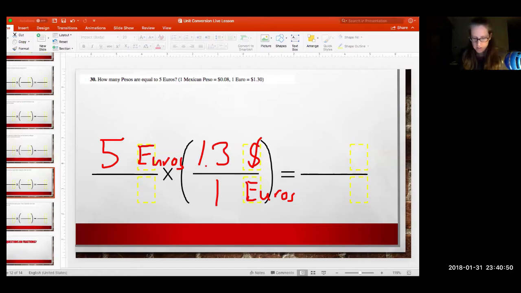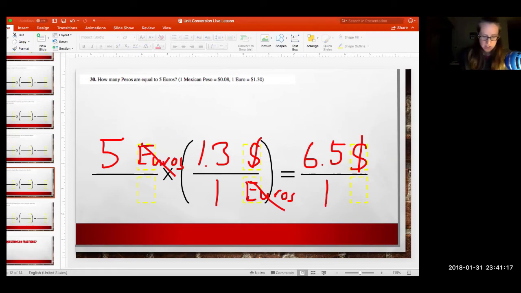So then, all right, 5 times 1.3 is 6.5. And then 1 times 1 is 1. So 6.5, the euros cancel, and we end up with dollars. So €5 is $6.5.